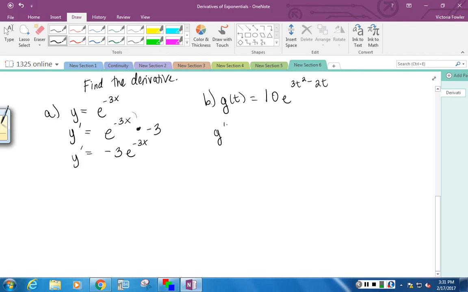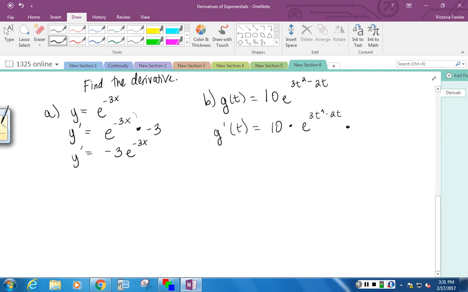And so I'm going to take the derivative. That 10 is going to stay there. It's going to multiply by the derivative of the original function, so that means it's going to stay itself, just like we talked about e to the x, the derivative of itself is e to the x. And then I'm going to multiply by the derivative of what's the inner function. Well, what's the inner function in this case, these exponentials, is actually going to be the exponent.